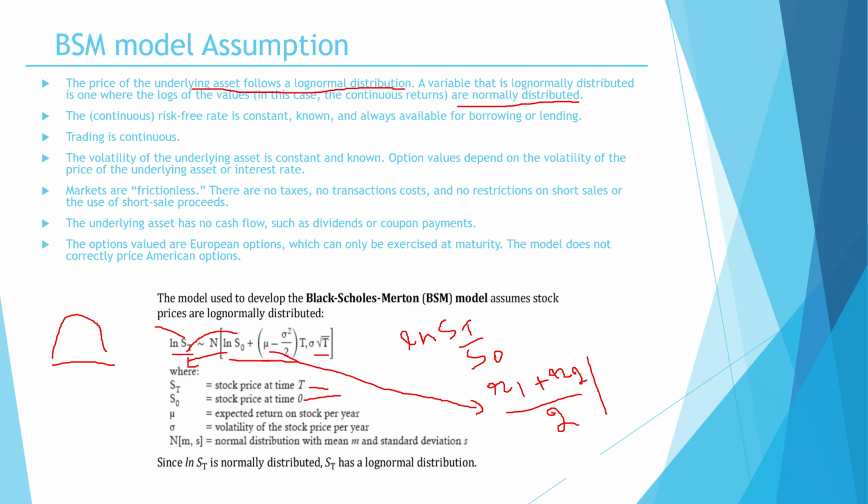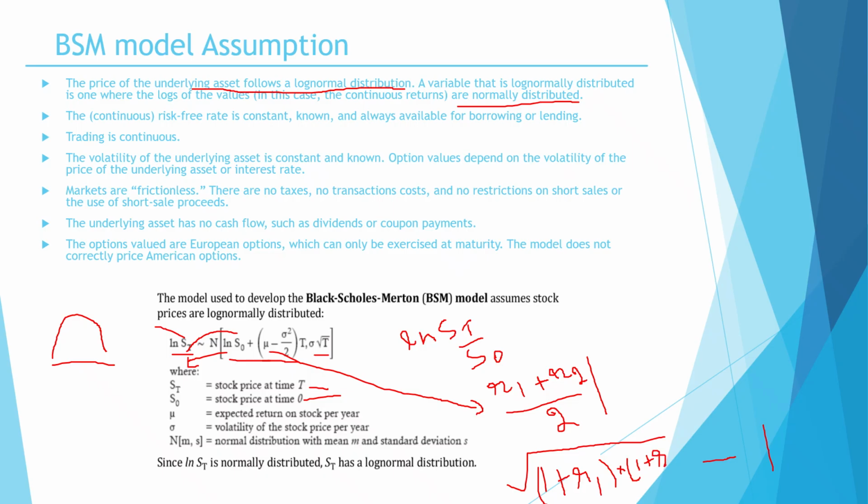And the geometric mean, I think you are all aware of that formula, which is the square root of 1 plus R1 multiplied by 1 plus R2, minus 1.